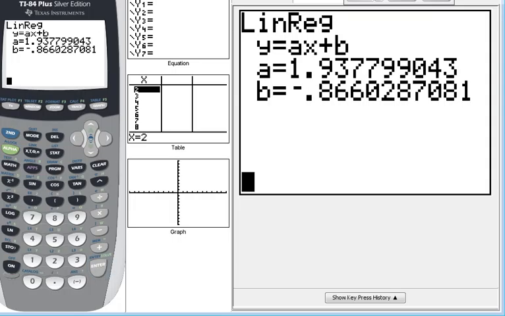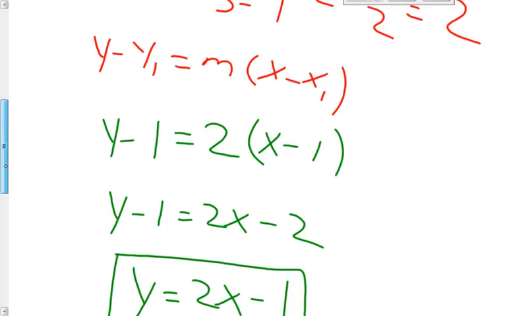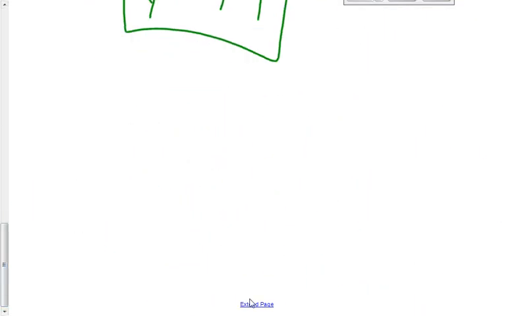And as you can see, in Y equals AX plus B, A equals 1.937, and B equals a negative 0.866. If we were to round to 3 decimal points, I guess A would be 1.938, and B would be a negative 0.866. Let's write that down. So this is using our graphing calculator.